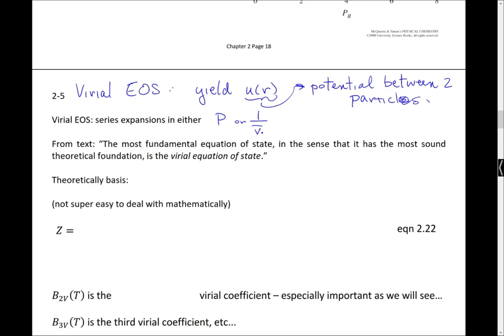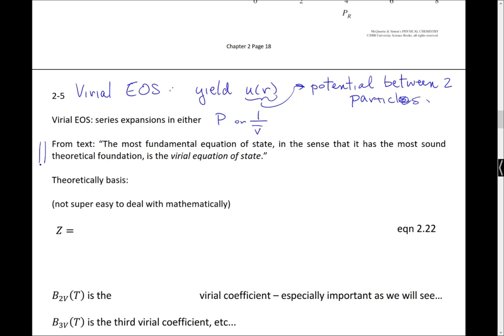And it's probably not a bad idea to keep in the back of your mind: as pressure goes up, the molar volume is going to go down. And so as this goes up, the reciprocal of the molar volume is going to go up also. So they track each other. So it turns out that this is a fairly fundamental equation of state.